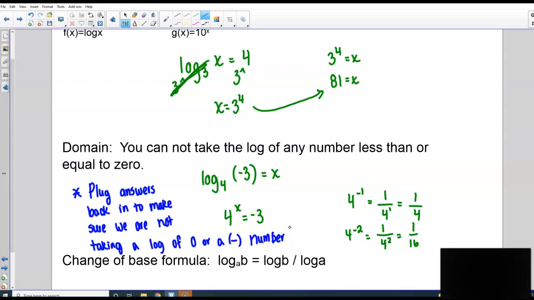And we'll see that here in a minute when we start doing some example problems. We want to make sure that we're not trying to take log of a negative number.